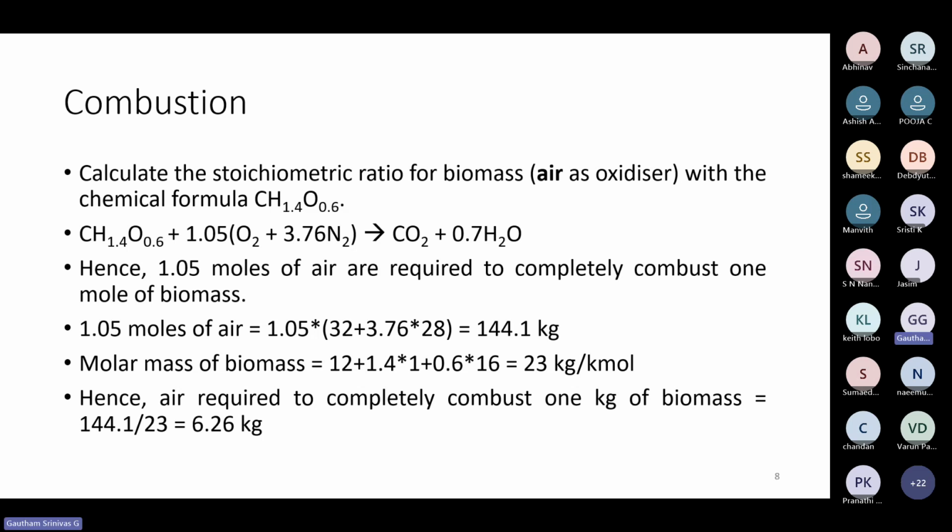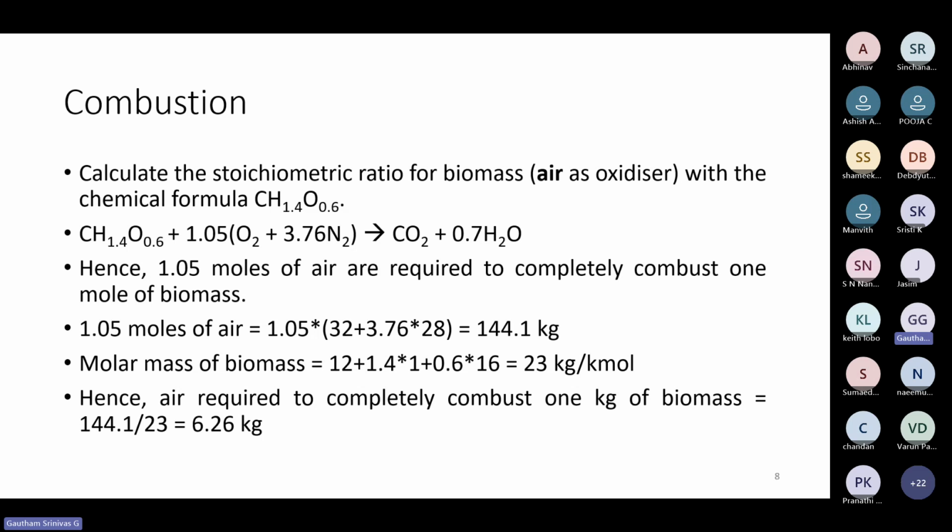Do you get the point? Yes. See, if it is molar mass, it's kg per mole or kg per kilomole. So if it is 1 kilomole, how many kgs does this 1 kilomole contain? That's why this is in kg per kilomole.